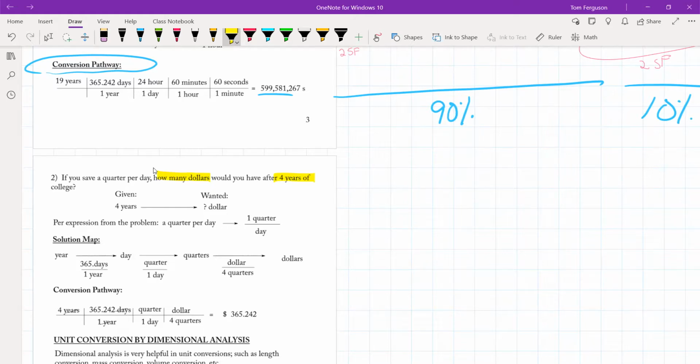Okay. So what we're going to do is then start with the given, 4 years. We're going to make this exactly 4 years.